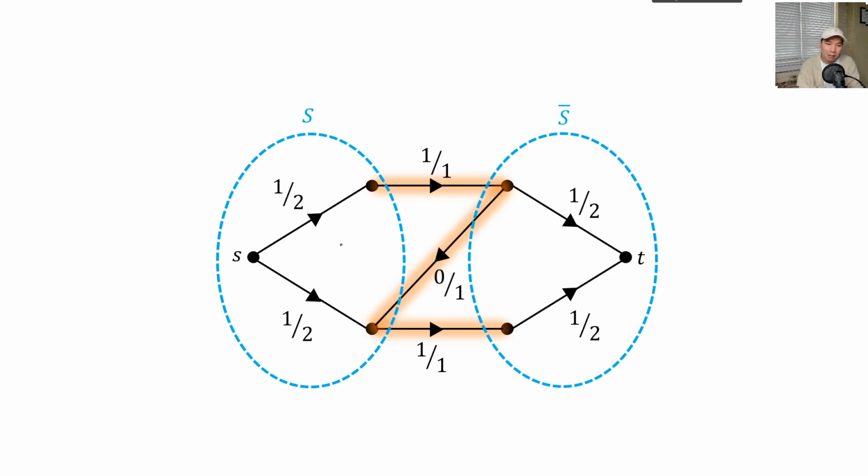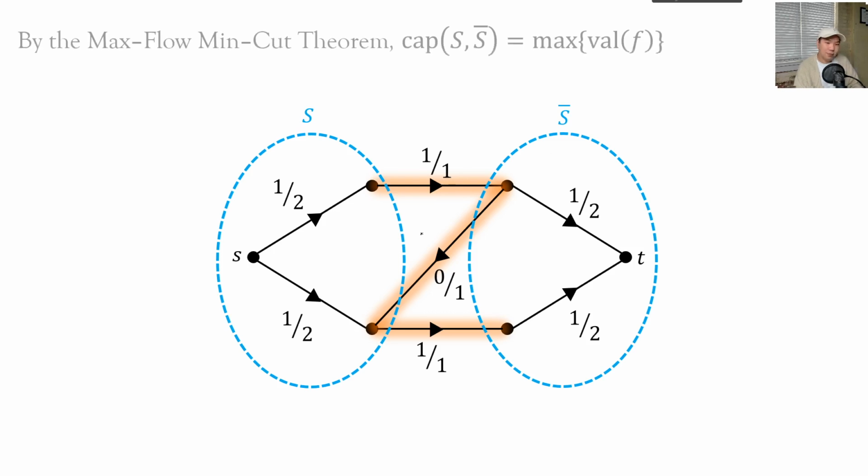Remember the source set was a set containing S, and then my sink set was a set containing T, and then my cut was the edges between the 2 sets. So in accordance with the max flow min cut theorem, if this is a max flow, then this should be equal to the capacity of my cut.